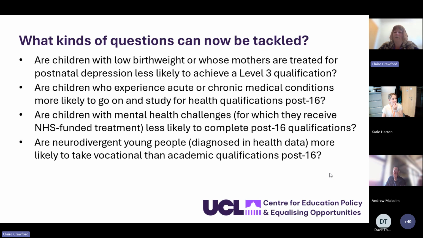So the ILR can give you that opportunity to see whether people have gone on to study health-related qualifications after GCSEs, for example. Or you might be interested in young people who are receiving treatment for mental health challenges. That might be during their earlier school careers, but it also could potentially be at the same time as they're studying for post-16 qualifications.